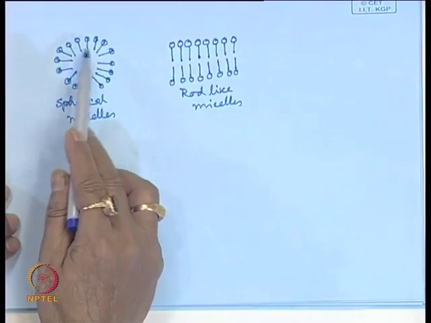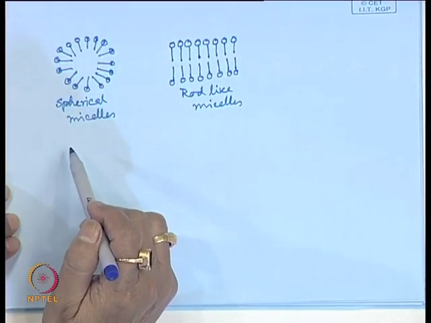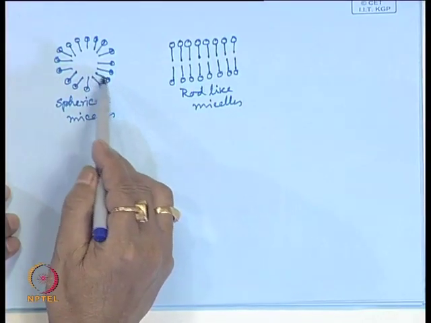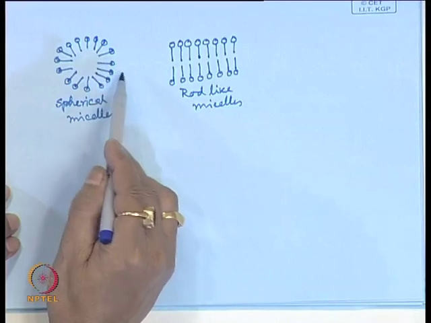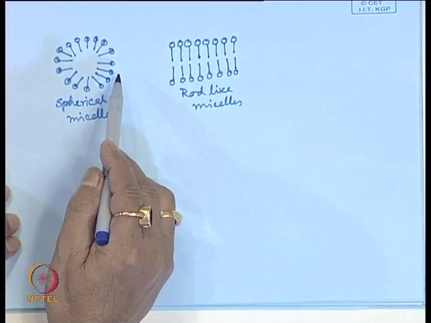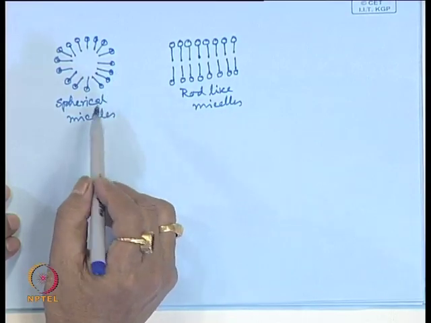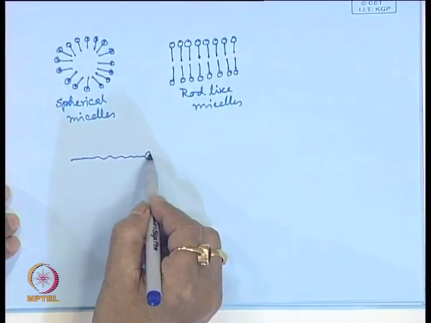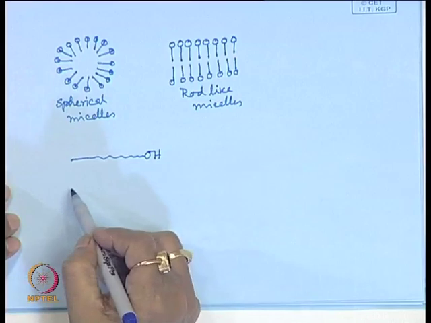Now, when we add soap molecules, those soap molecules will form spherical aggregates. This is the hydrophobic tail and hydrophilic head. Say oils are triglycerides of fatty acids, or you take a fatty alcohol, or you take a fatty acid.